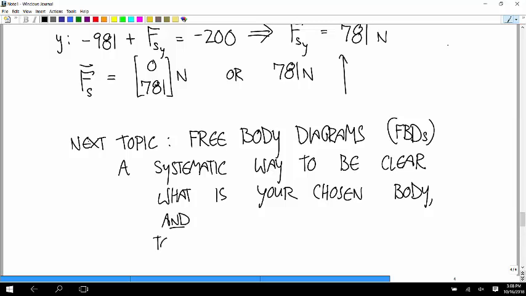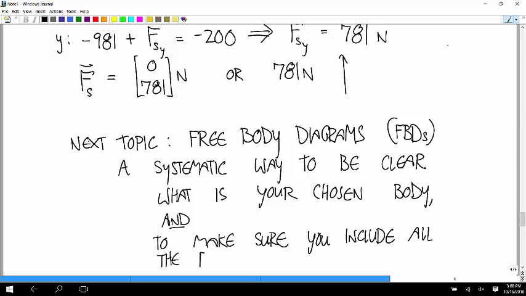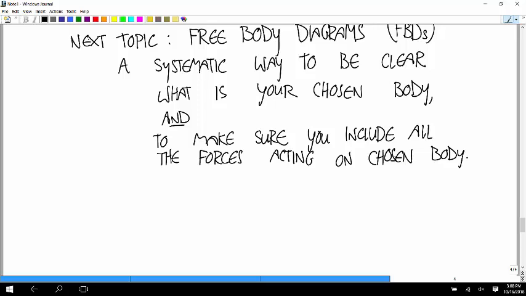And to make sure you include all the forces acting on the chosen body. This is going to be an important thing.